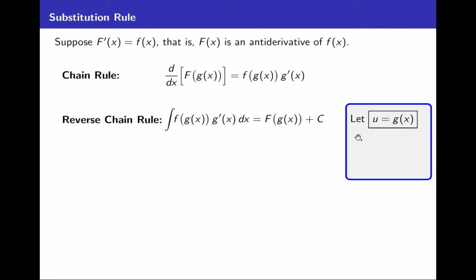Now in substitution, what you're going to do is, in this equation, every time you see a g of x that's inside the little f and inside the big F here, you're going to simplify things by just making that equal to a variable u. And if you do that, then the derivative du dx is g prime of x, and cross-multiplying by dx gives you du equals g prime of x dx.